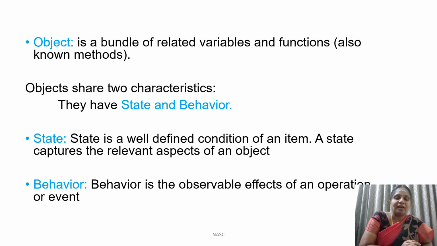For example, if you take the student as an object, as I already told you, the state for a student is the student roll number, name, mark, email ID, gender, etc. What's the behavior? Reading, writing, listening, playing, watching, etc. So anything in the real world that contains state and behavior can be defined as an object.